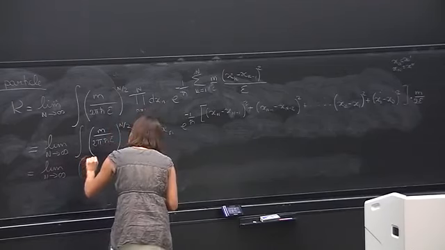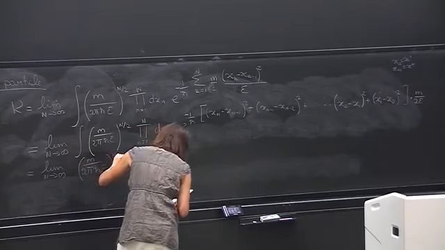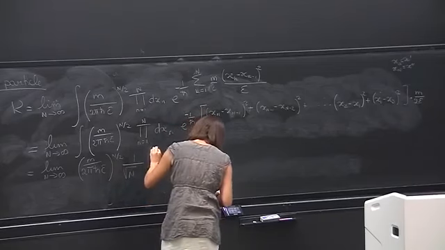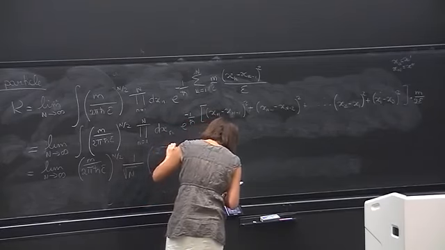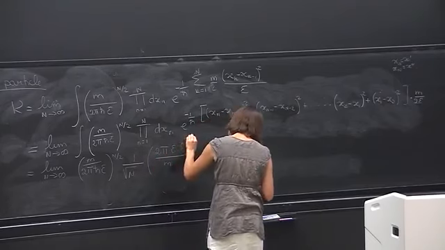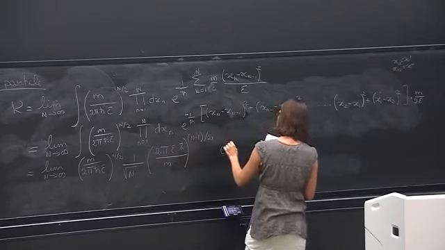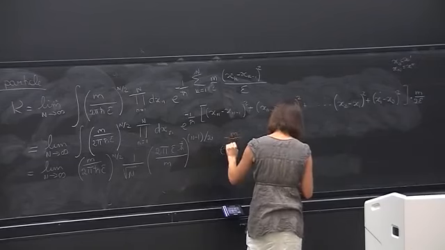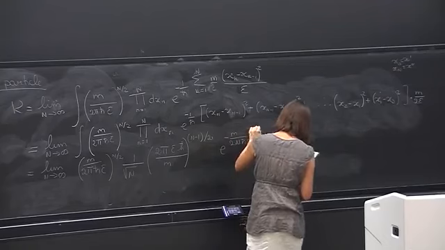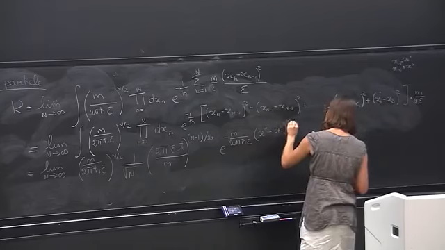You still have this measure term, and then you get 1 over square root of n, and h bar, and then we are left with m over 2 h bar epsilon times the final point minus the initial point, squared.